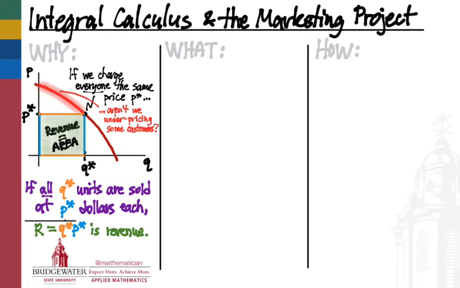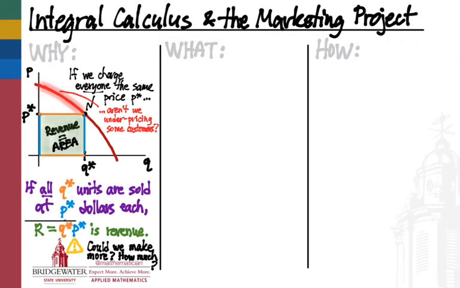And so if I can figure out a way of computing areas on this demand graph, then I have a way of quantifying possible revenues. And by charging everybody the same price, I just get the revenue that's in this single rectangle that's right here, P star times Q star. But because there were some people up here that were willing to pay more for my product, could we possibly tap into that?